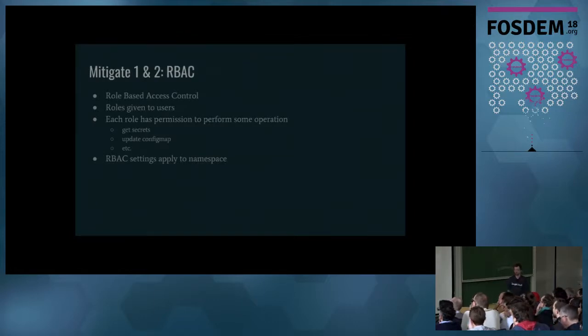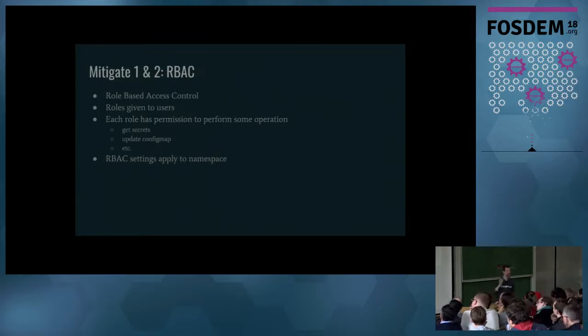To use RBAC. So RBAC is role-based access control for Kubernetes, and this allows you to basically create roles that you can assign to users, and then that role gets assigned some permissions that it can do. So usually that's some sort of verb to a type of object.